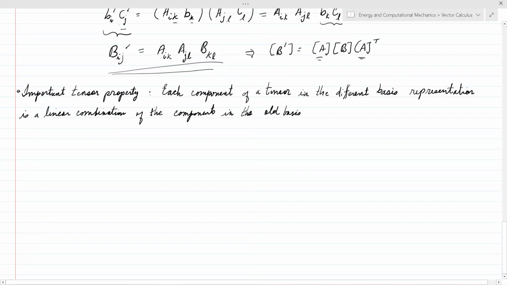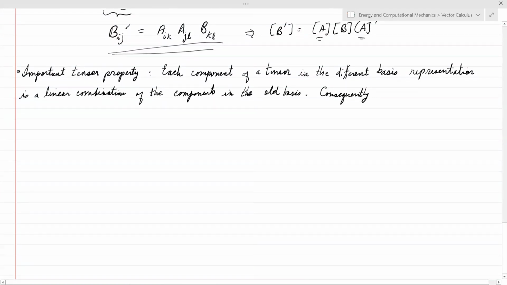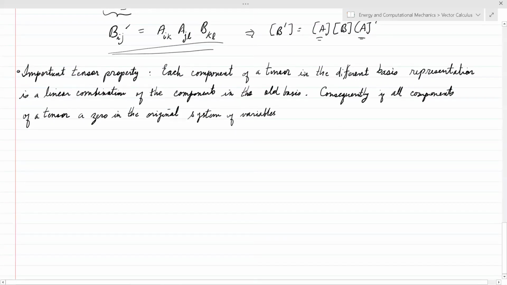And so consequently, if all components of a tensor are zero in the original system of variables, they're also zero in the new variables.